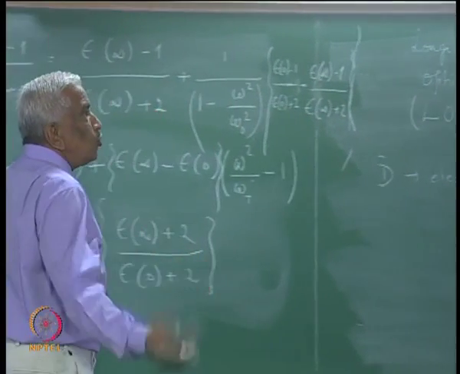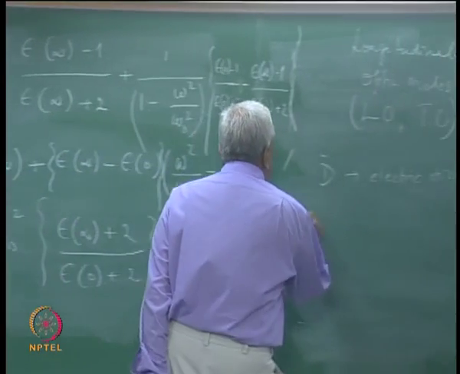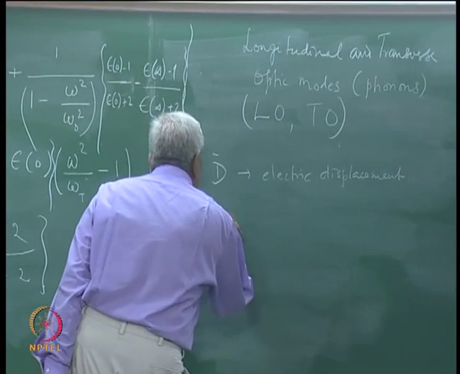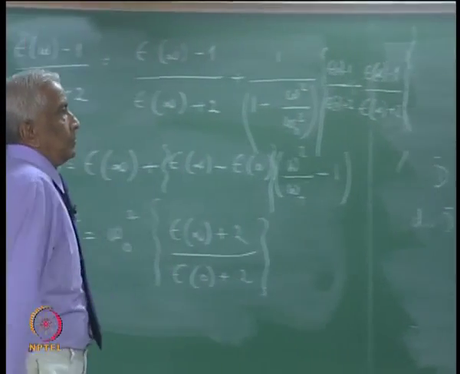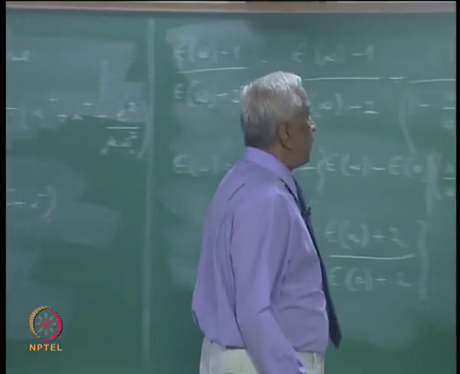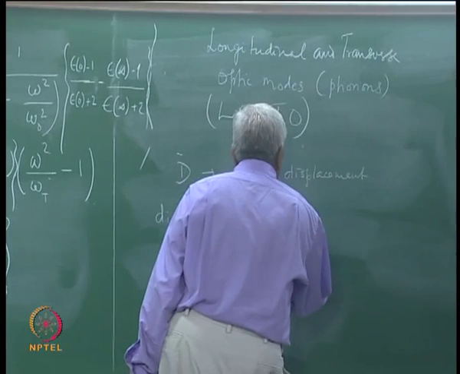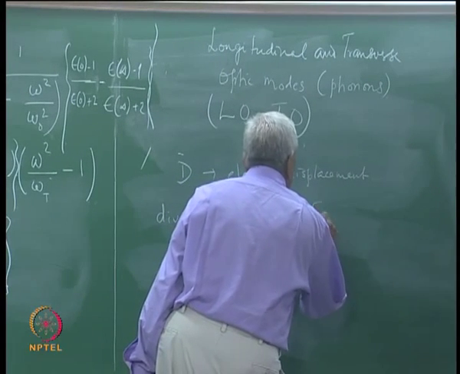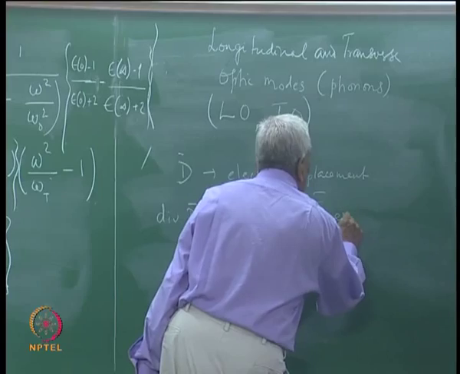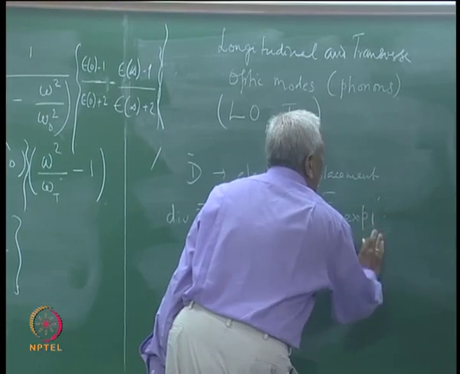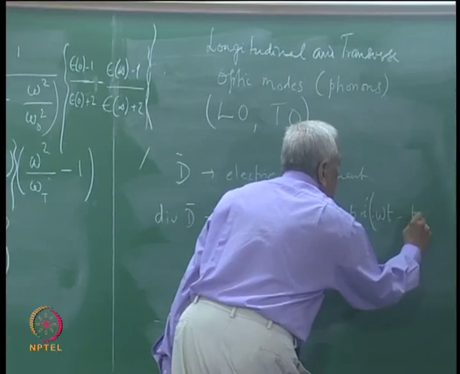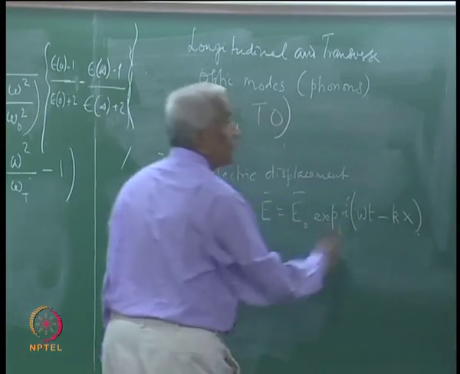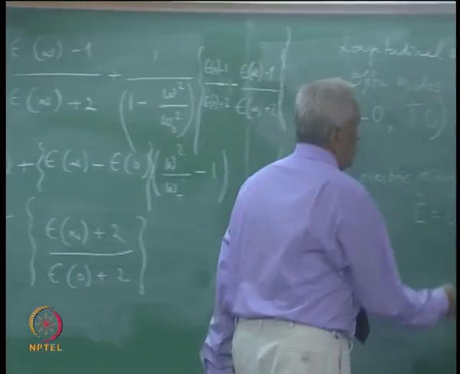And when there are no free charges, we have the general relation that the divergence of D vanishes. Now, we apply an alternating field E equal to E naught exponential i omega t minus k x, or k dot r in general.